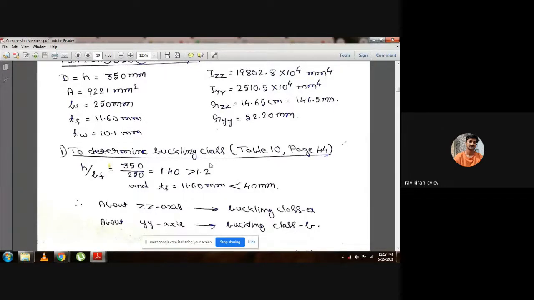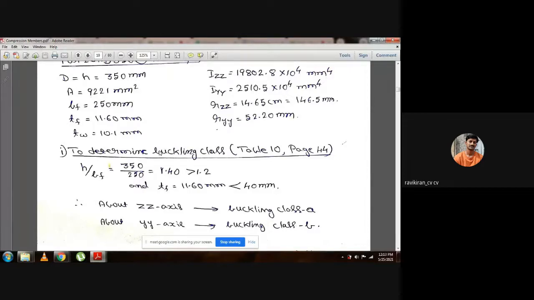In that we are using an I section, that is the first column itself. There are two things you need to observe: h divided by b_f greater than 1.2, and thickness of flange less than or equal to 40 millimeter. And the next row, h by b_f less than or equal to 1.2 and thickness of flange less than or equal to 100 millimeter.